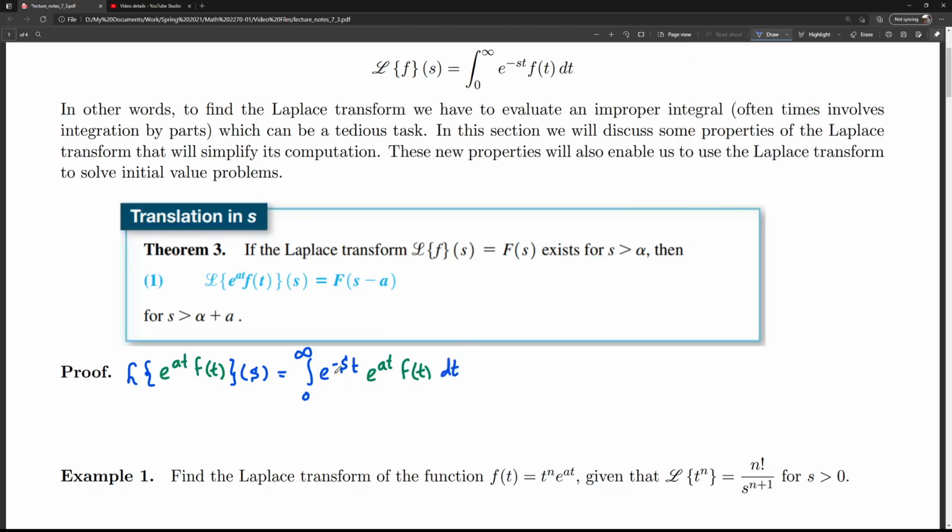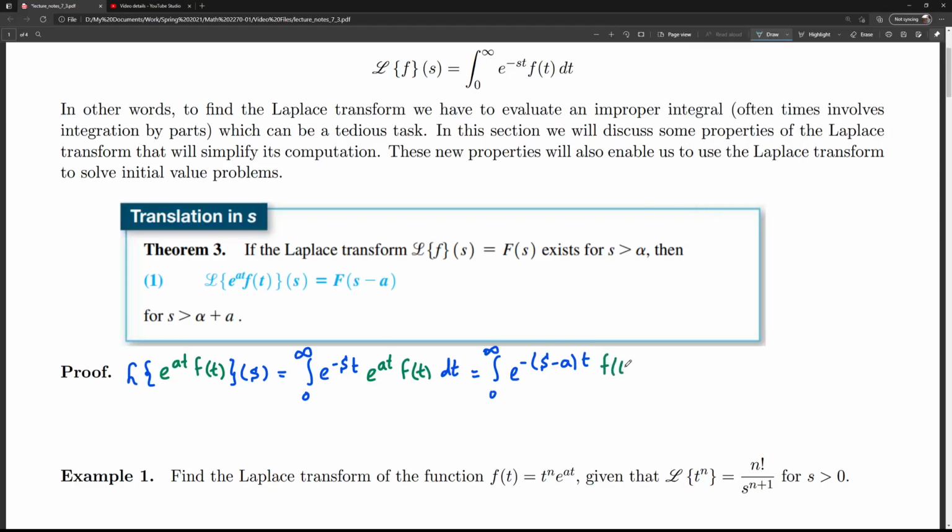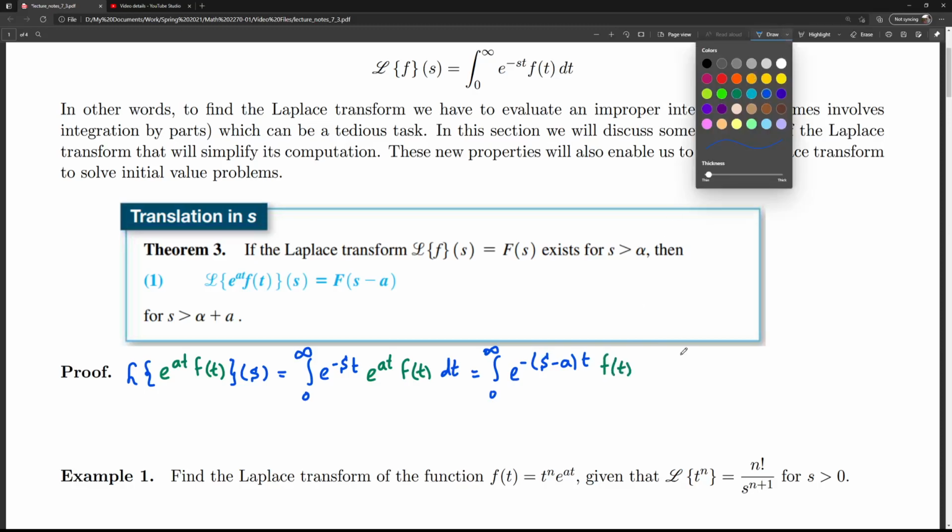Now we can manipulate these two exponential functions and combine them, and it will look as follows. This then is the integral of e to the power negative s minus a times t, times f of t dt.